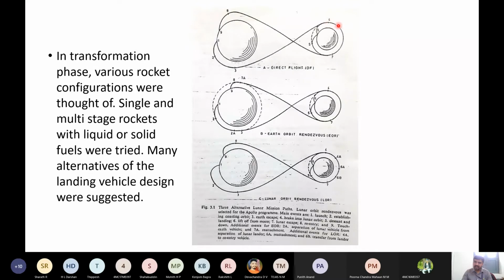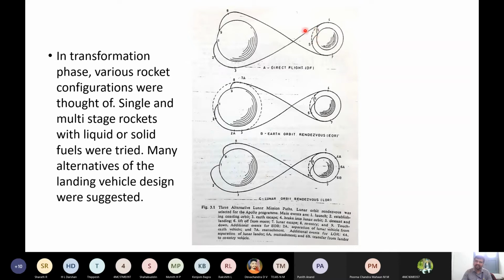Then it will revolve in the lunar orbit. Then at 5 it will take a path where it will land on the moon surface. So this is the landing position on the moon. After a few hours, astronauts will come out of the vehicle and walk on the moon surface.